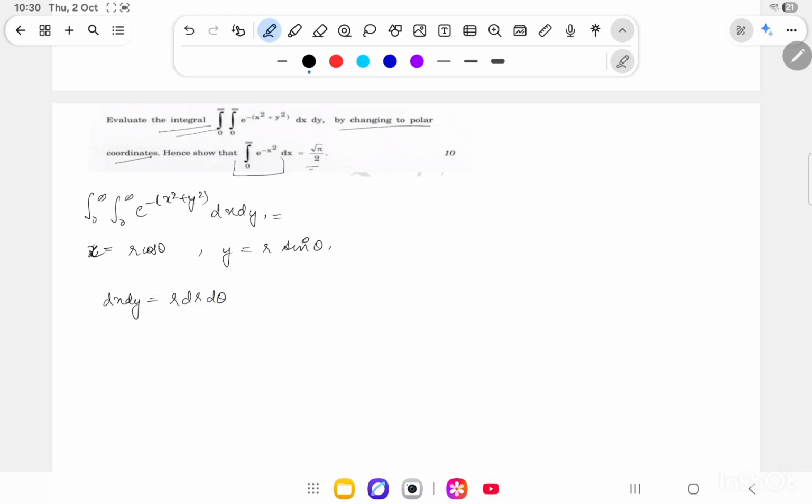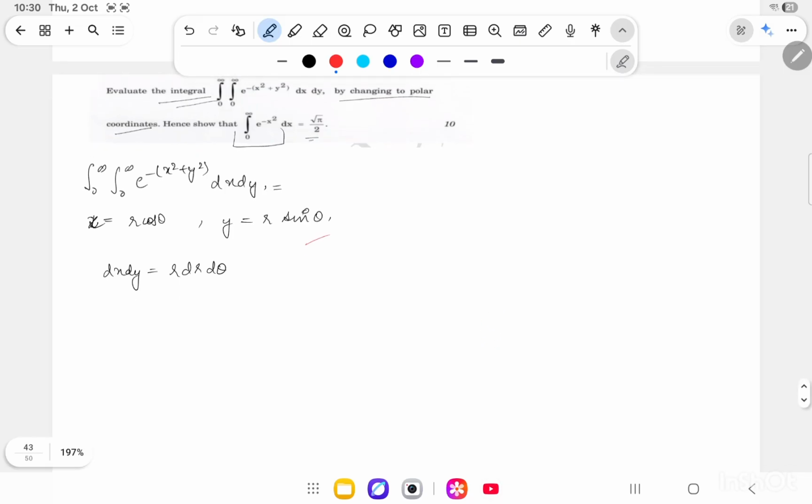In order to save time in the examination, you can remember the Jacobian for a change to polar, cylindrical and spherical coordinates. That comes in handy while solving the question, as it's a 10 marker question. Had it been a 15 marker or 20 marker, you could show it by calculating the Jacobian, but in 10 marker questions or less, you can directly use it.